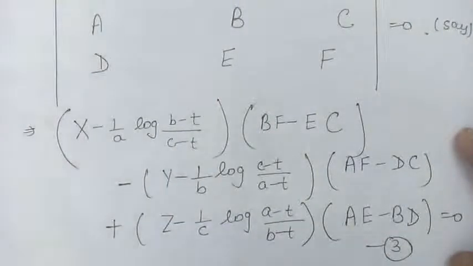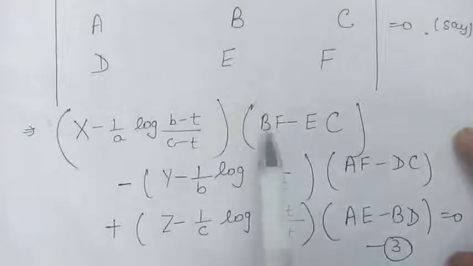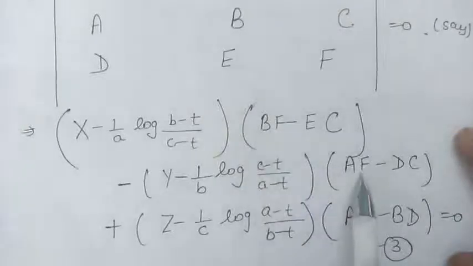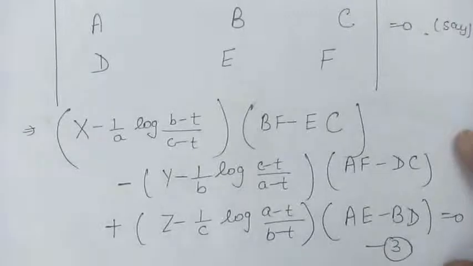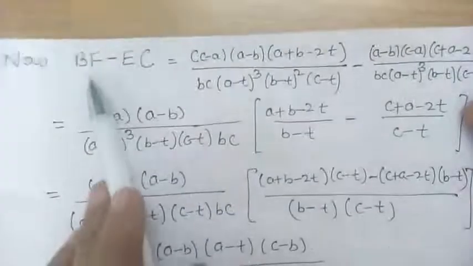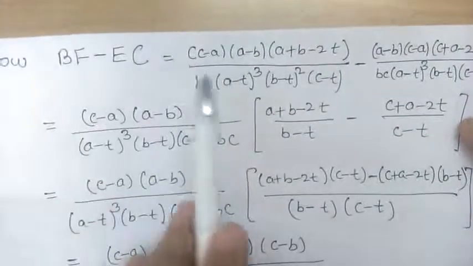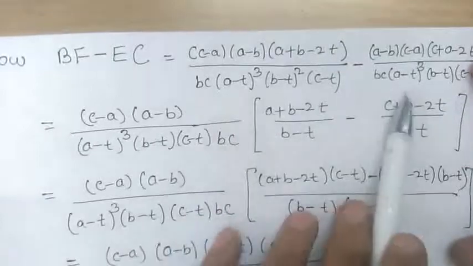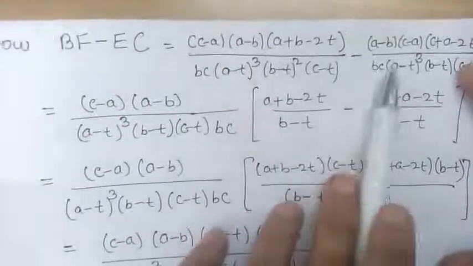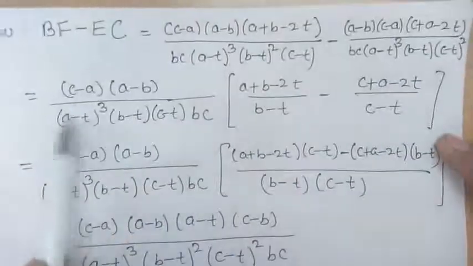Now in order to further simplify it, let us find BF minus EC, AF minus DC and AE minus BD individually. So first of all, let us find the value of BF minus EC. Now substituting the values of the symbols B, F, C, E here, from these two terms we can take this quantity common.